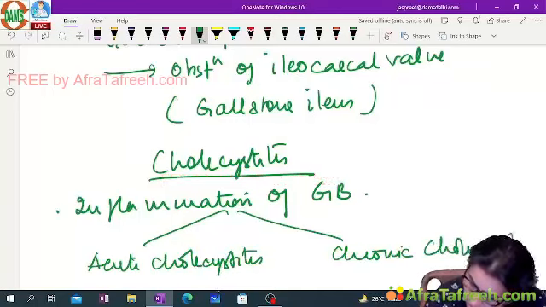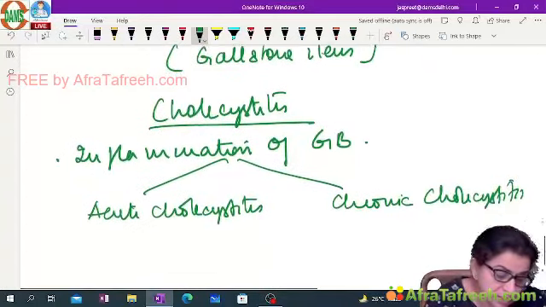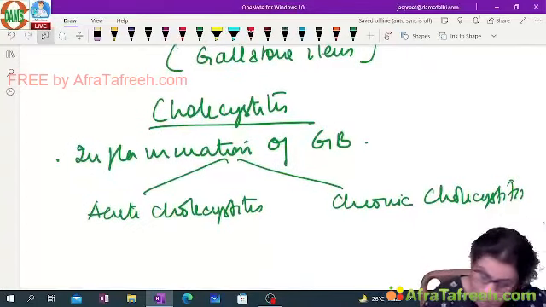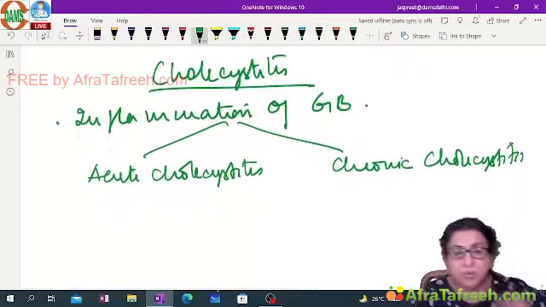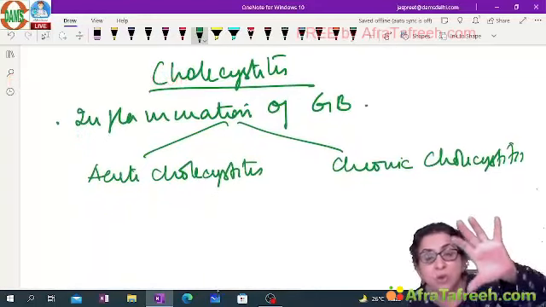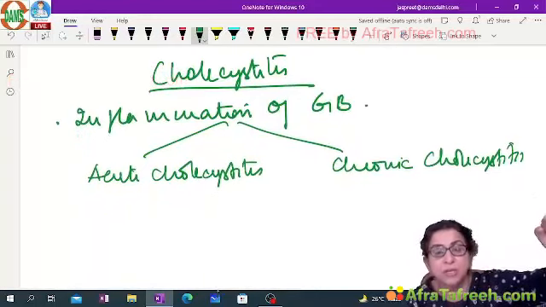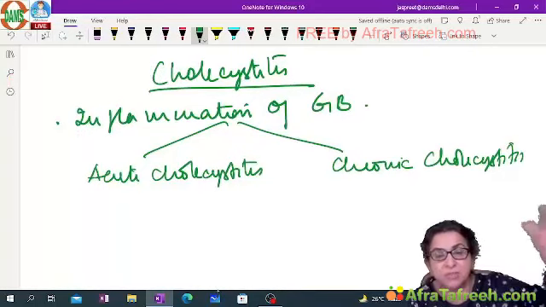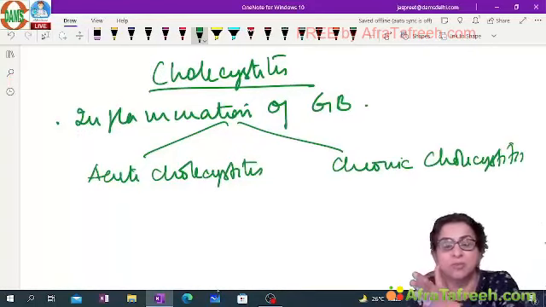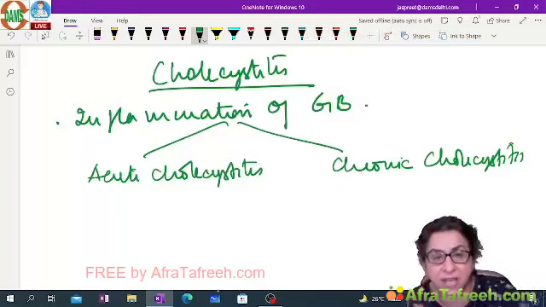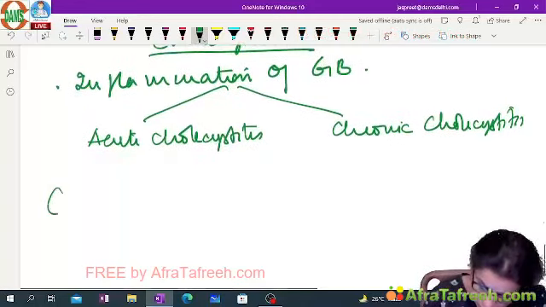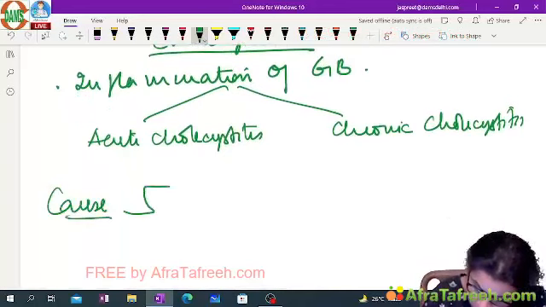The most common cause of cholecystitis is gallstones. So it is divided into calculous cholecystitis, which is due to gallstones, and acalculous cholecystitis, where the causes are other than gallstones.